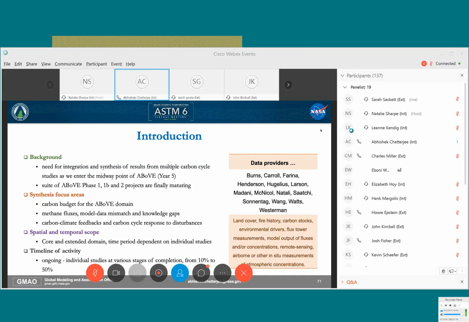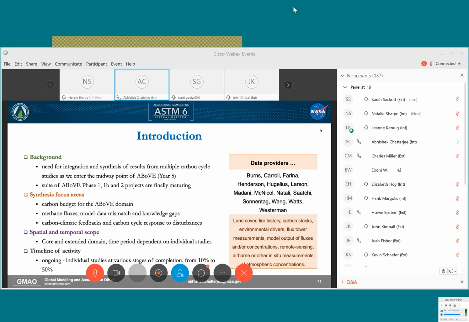So the background for this carbon synthesis activity was scoped out a bit at a breakout session at the last meeting in La Jolla. We ended up with a master list of topics that people wanted to explore, and I had that list on the very last slide.